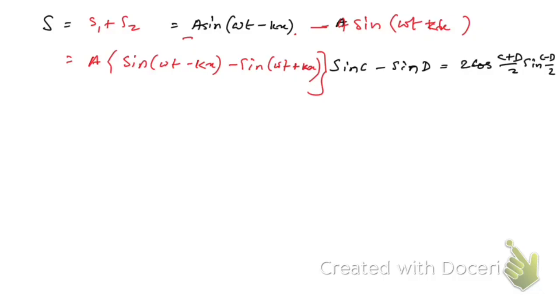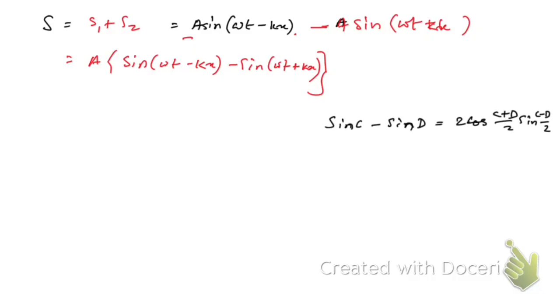Let me write this identity here. Considering this one as c and this one as d, sine c and sine d. According to this identity, 2 cos((c plus d)/2), here c is omega t minus kx and d is omega t plus kx, divided by 2.